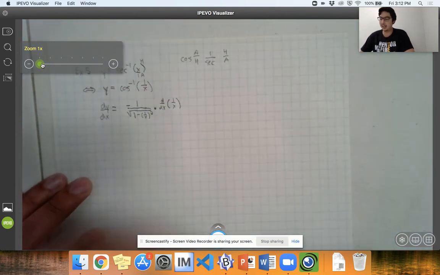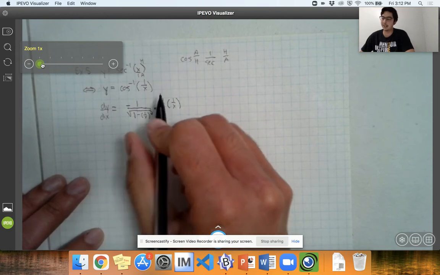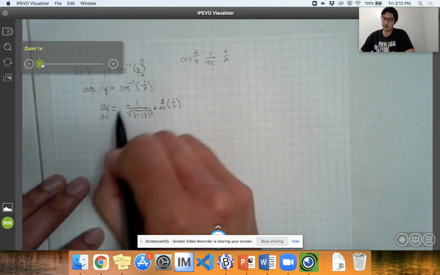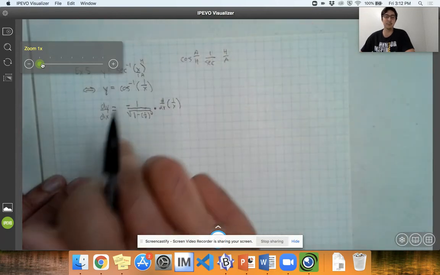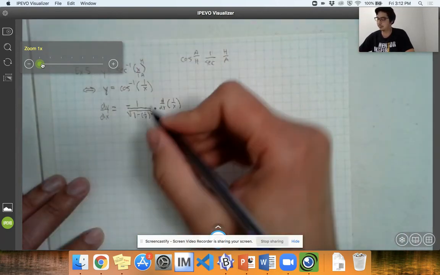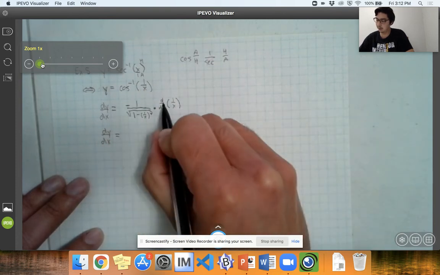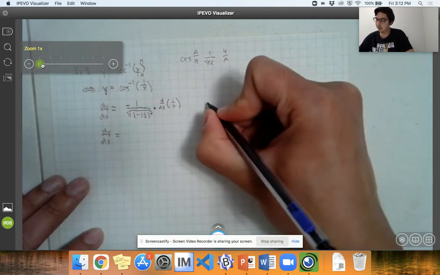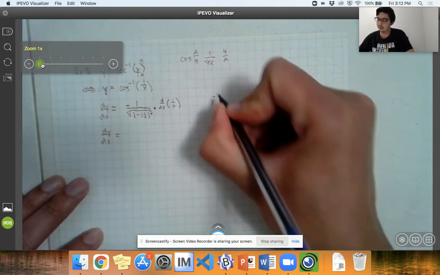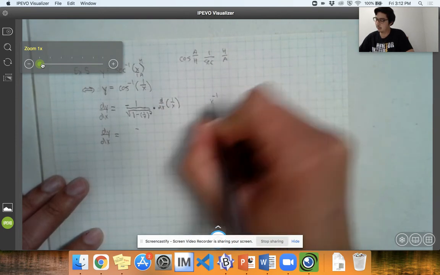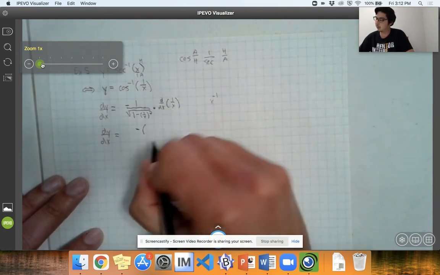Okay. So I kind of jumped to it from the fact that we already did this, or we built this generic formula earlier in the video. Now you can make a triangle here and do it if you want to. Now simplifying this, we have dy dx is equal to the derivative of 1 over x. Remember, you can write 1 over x as x to the negative 1, and the derivative is going to be negative, and we have a negative in front, so I'll leave that negative in front.